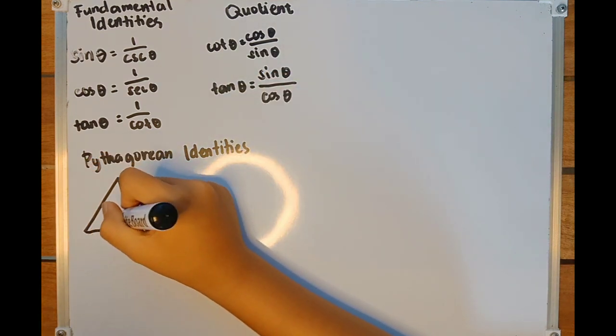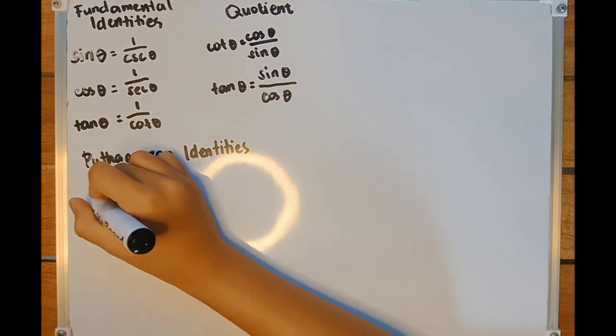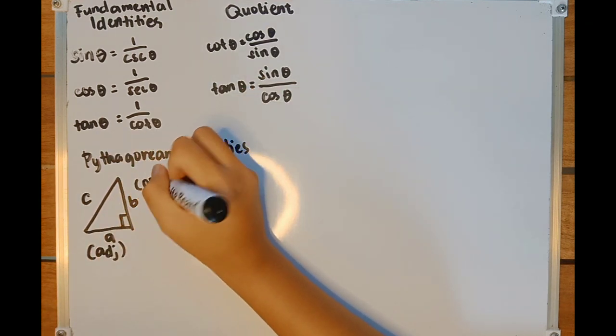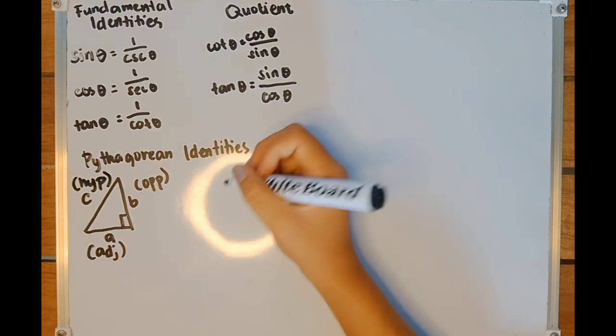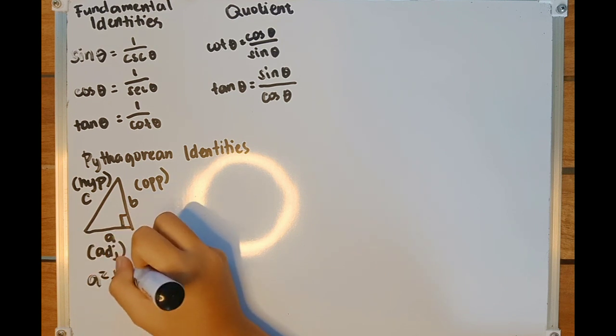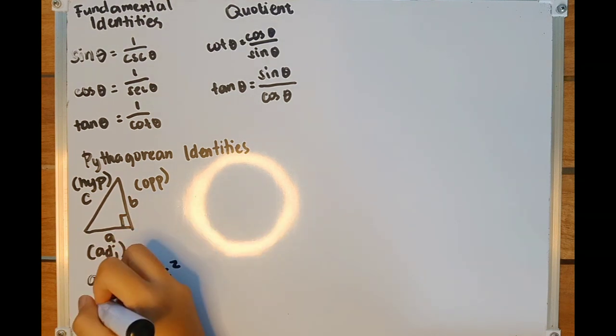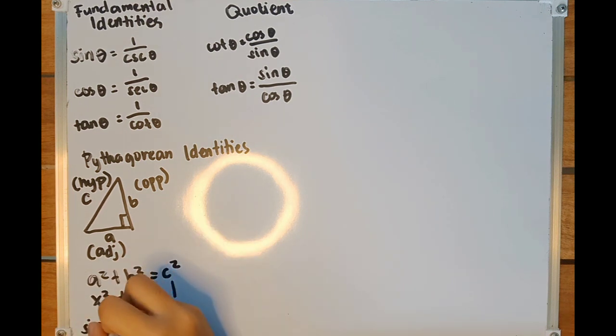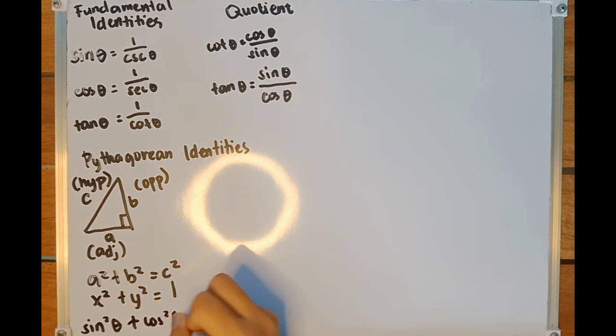Given a right triangle with sides adjacent, opposite, and hypotenuse, we use the Pythagorean theorem: hypotenuse squared equals adjacent squared plus opposite squared. We can also rewrite it as a squared plus b squared equals c squared, where c is always the hypotenuse and a and b are the adjacent and the opposite.